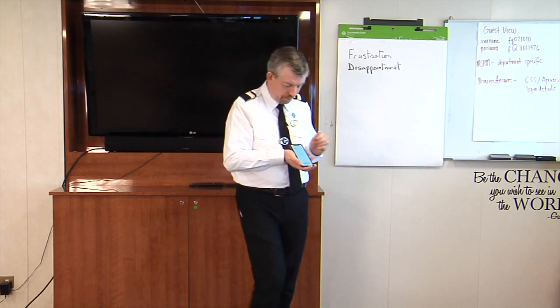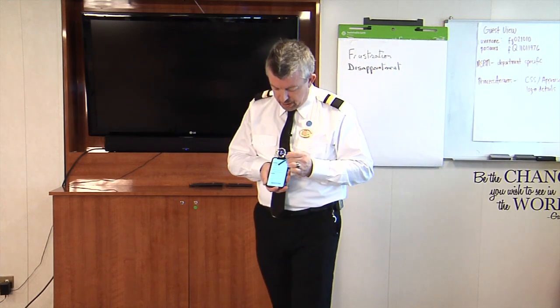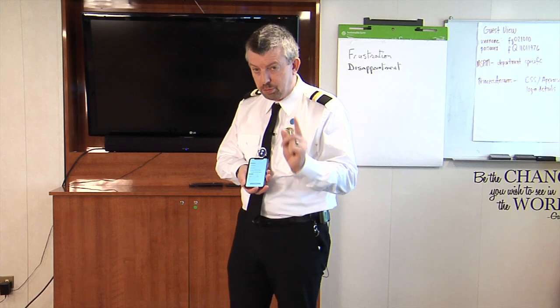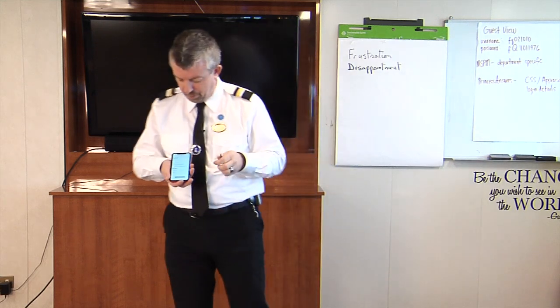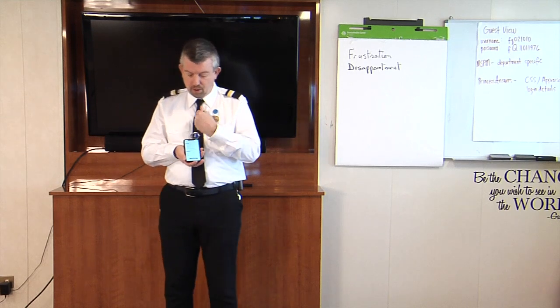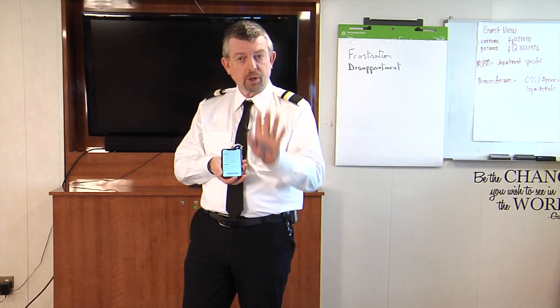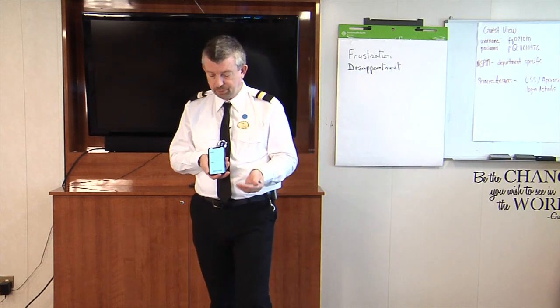So as you see, first, it asks you a few personal questions. First name, last name, room number, not the booking number, room number, and the date of birth of the person who's logging into the app. Once you have done that, you will be able to see the whole app and all its features.